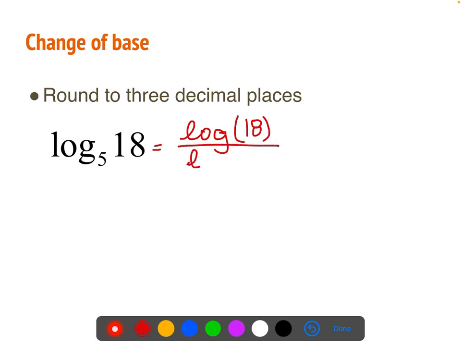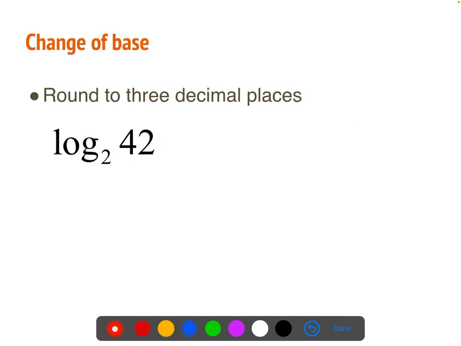So log of the argument divided by log of the base. Typing that into the calculator will give you 1.796. That's it. All I'm doing is changing the base from base 5 to, in this case, base 10.